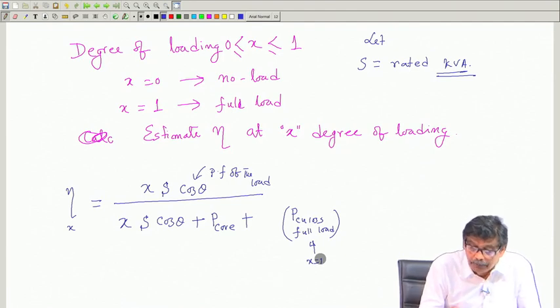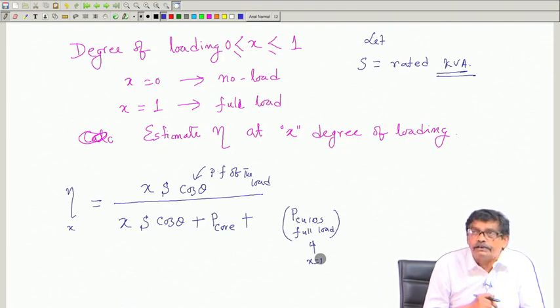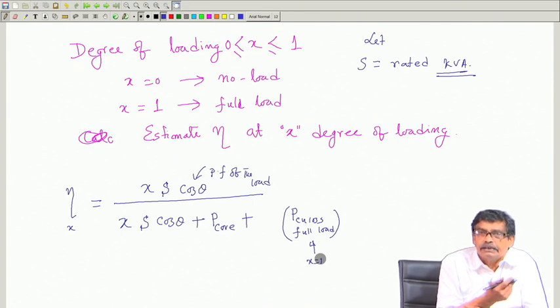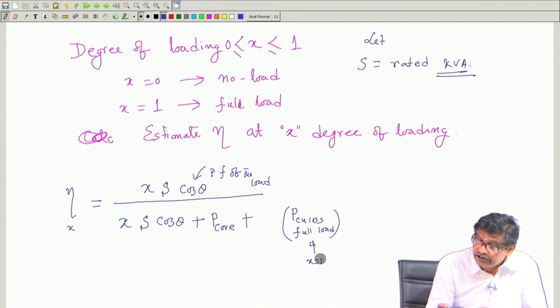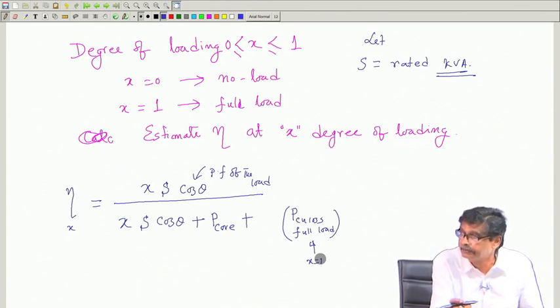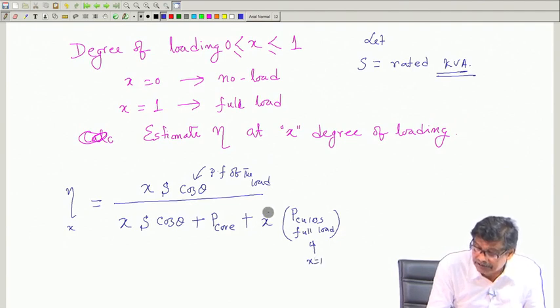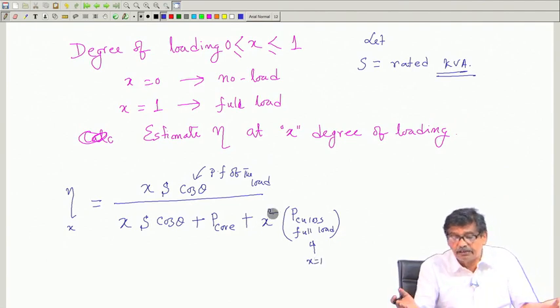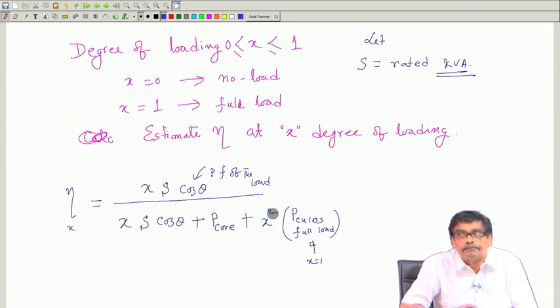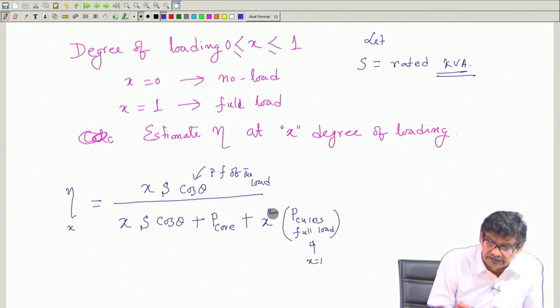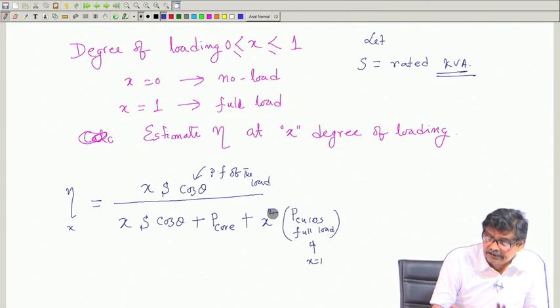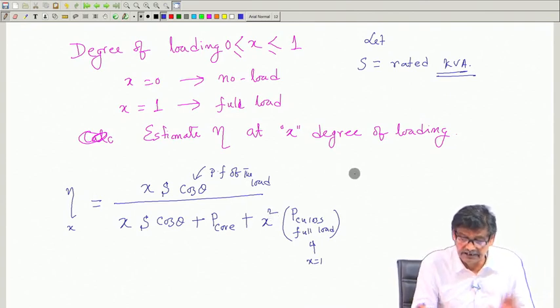So, what will be the copper loss now at x degree of loading? We have just discussed: if it is 50% loaded, then 1/4 into this. So, x is a fraction and it must be multiplied by x squared. This is the expression for the efficiency of a transformer. So, please try to assimilate this expression very clearly.